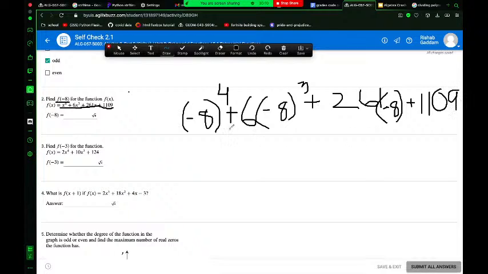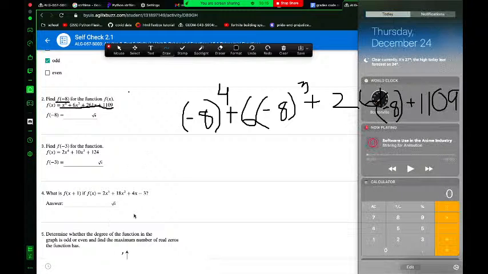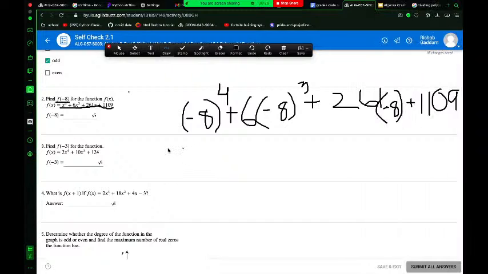So yeah, now you just have to simplify all of this. So negative 8 to the power of 4, let's find the value of that. 8 times 8 times 8 times 8, and that's 4096.